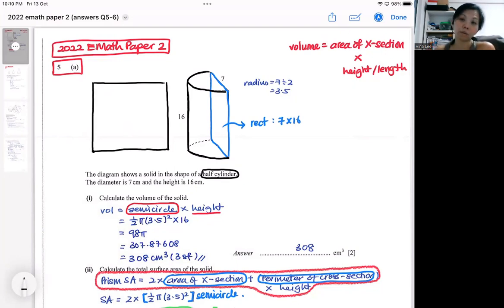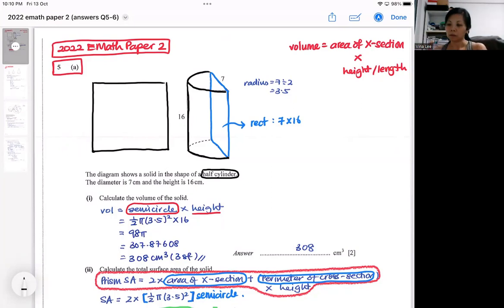Imagine you unroll it. It's something like this. I try to show you, I'm using rough paper. If you flatten it, it will become a rectangle.